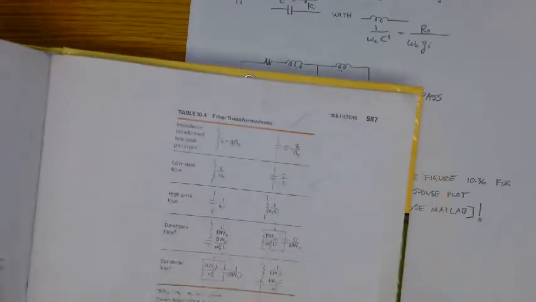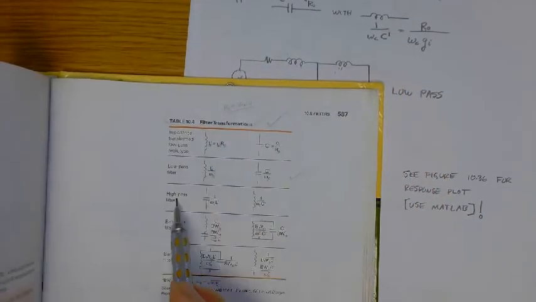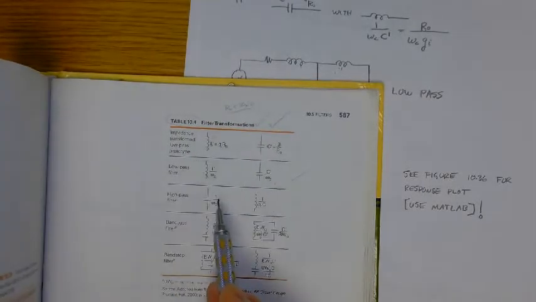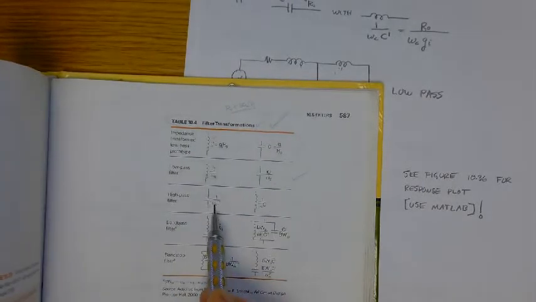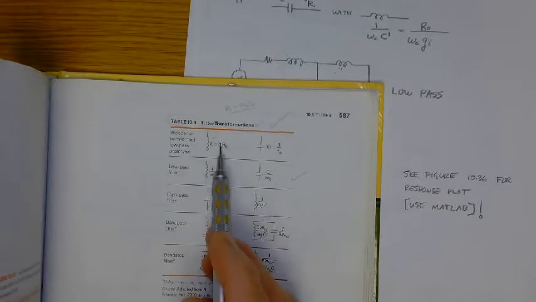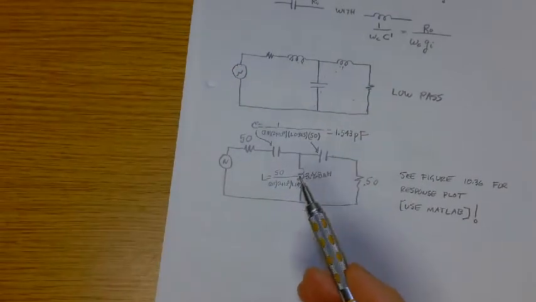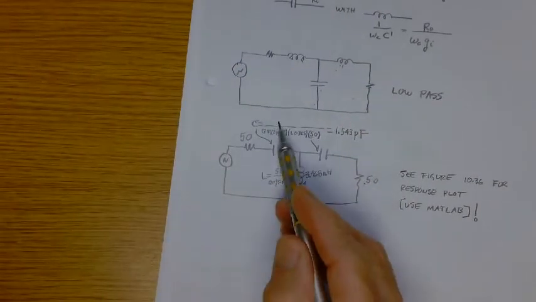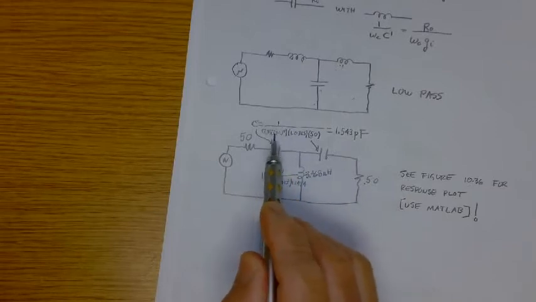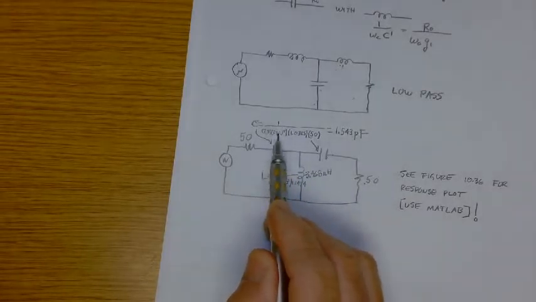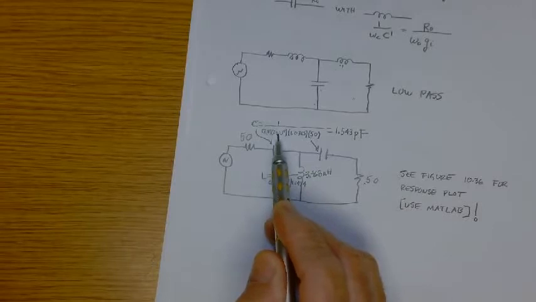So it's going to be 1 over omega corner, which is 2 pi F corner, so 2 pi times 10 to the ninth, times the number from the table, 1.0315, times 50. So that's got to be 1.543 picofarads, 10 to the minus 12.